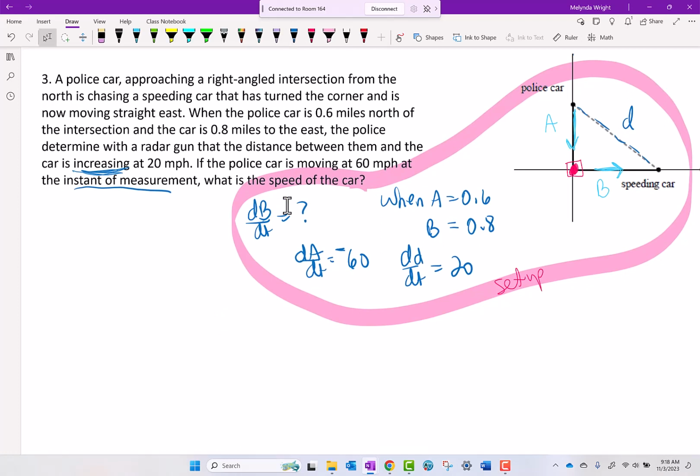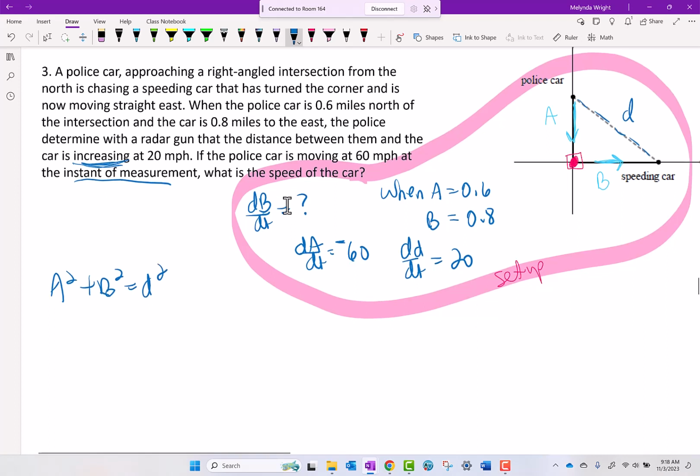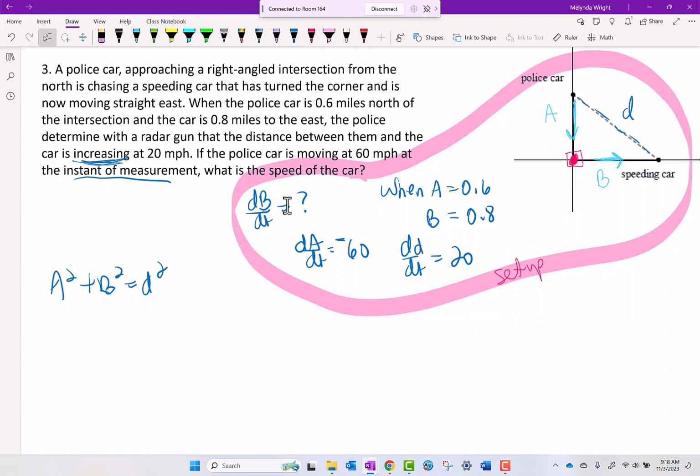So let's go with that. We've got a squared plus b squared equals d squared. That's step 4, write an equation that relates the variables together. Step 5 is to take the derivative with respect to t: 2a dA/dt plus 2b dB/dt equals 2d dD/dt.